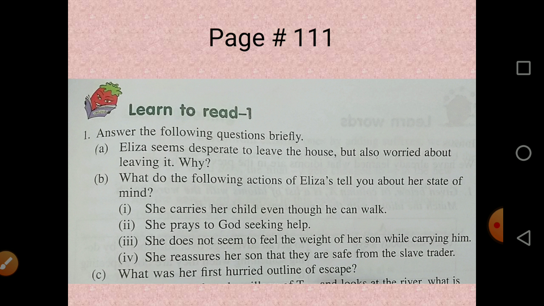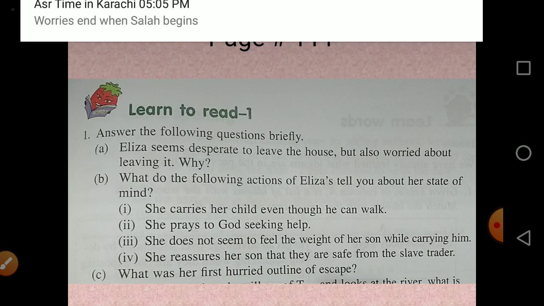She was thinking about what if those people will come and catch her. There were so many things going on in her mind that's why she could not feel the weight of her son. Okay? So the answer could be: she was thinking about other things. That's why she could not feel the weight of her son.